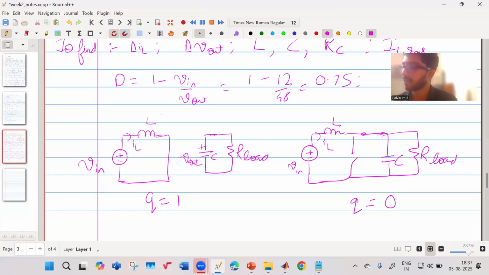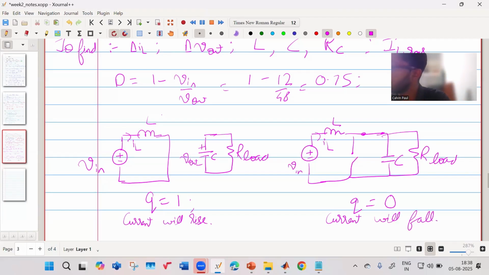Now, in this mode, your current will rise. Here, your current will fall. What about the output voltage? What will happen in this Q equal to 1 case? What will happen to the output voltage? Will it fall or rise?